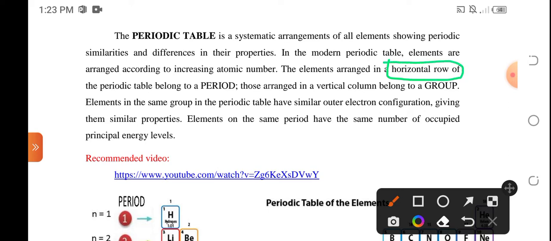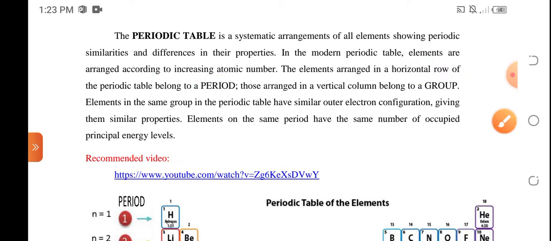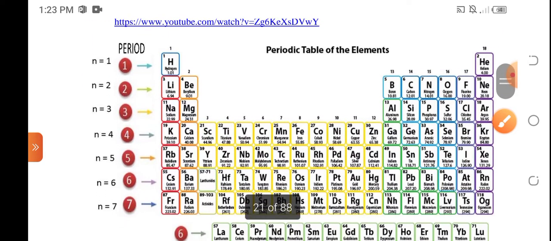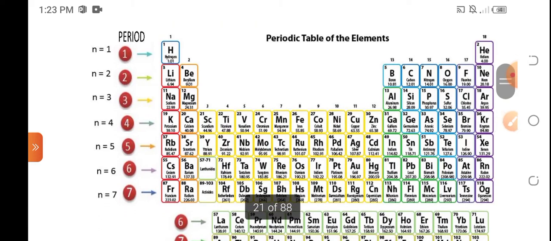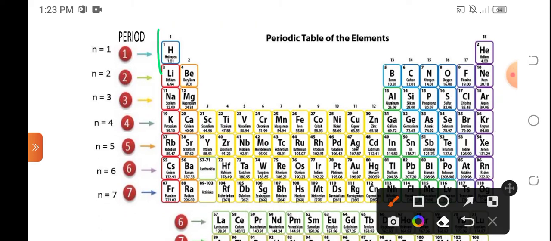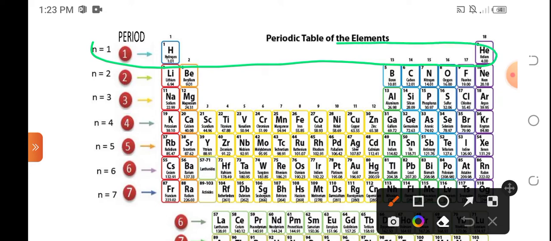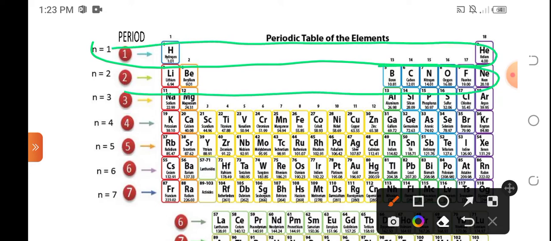Now, elements are arranged in a horizontal row. A horizontal row is known as a period. Horizontally, we have period 1, then period 2 for the second grouping, and then period 3.